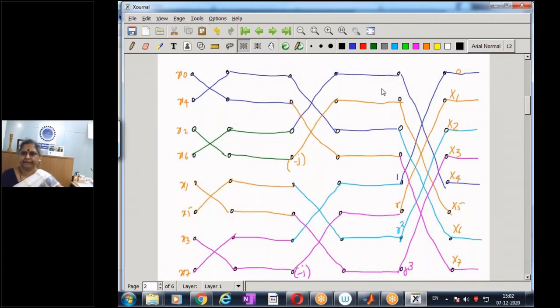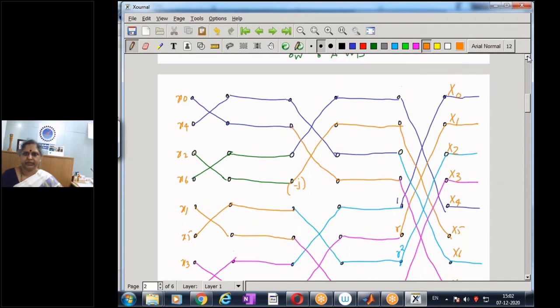So let's take an example. Let us take a sequence x of n: 10, 1 minus j, 2 minus 2j, 3 minus 3j, say 5, 3 plus 3j, 4 plus 4j.